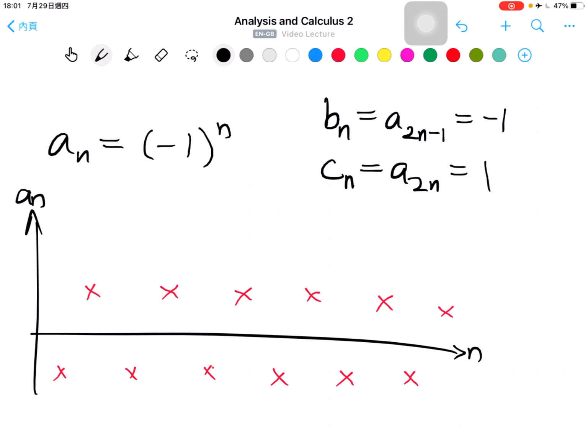What about bn? bn would be choosing the odd number terms from the original sequence, right? So if an converges, what does that mean? bn should also converge, because bn is chosen from an. cn converges as well, because cn is still chosen from an.